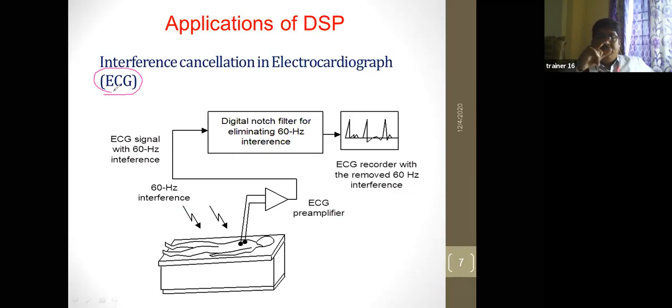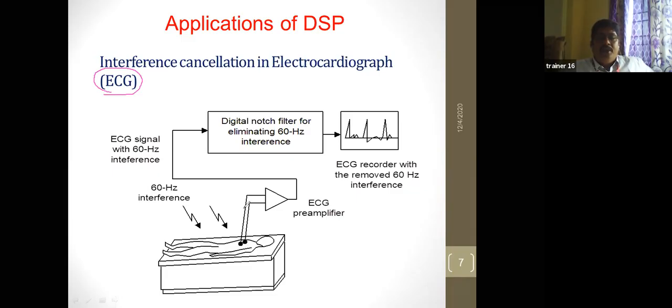Depending upon the signal waveforms, the doctor can easily identify whether there is any malfunction or disorder or not. So here, see, the patient is on the bed and it is a testing, right? Here these are the inputs.